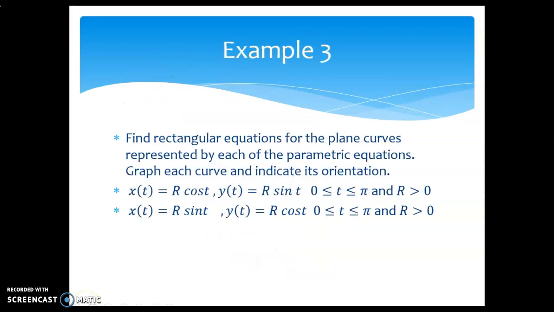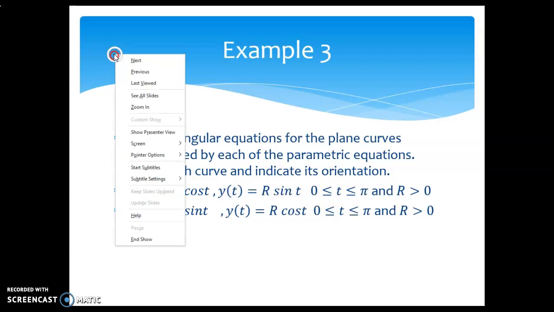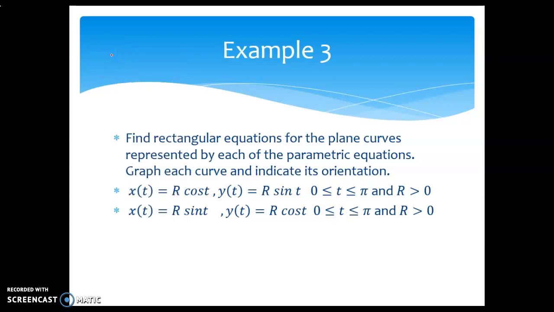We want to find the rectangular equation of this, which is the equation expressed in terms of x and y. We use the same formula as before: x over r, squared, plus y over r, squared is equal to 1. That means x squared plus y squared is equal to r squared.